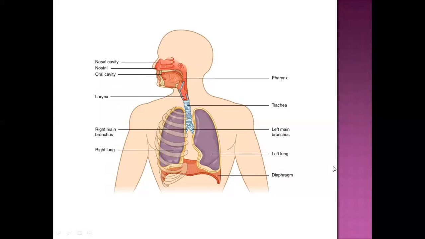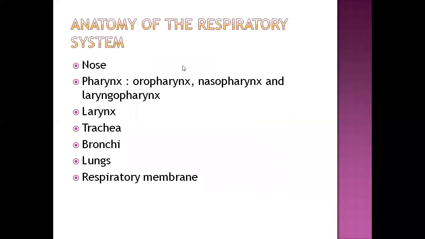These are the respiratory organs, which is listed here. Lungs are covered by a structure called a respiratory membrane or pleura. The pleura contains two specific layers, visceral layer and parietal layer. Parietal layer is the outer layer, whereas visceral layer is the internal layer.